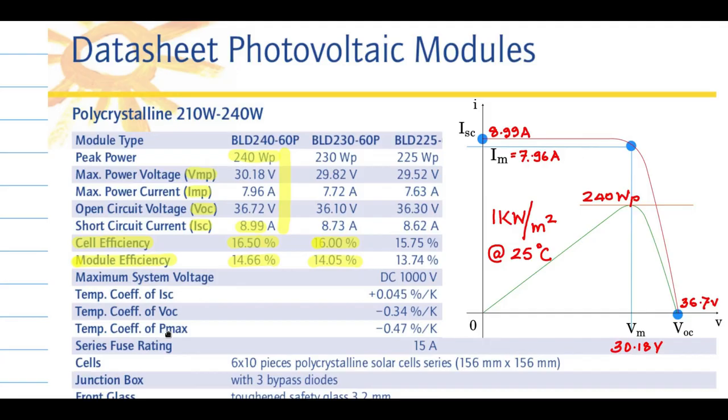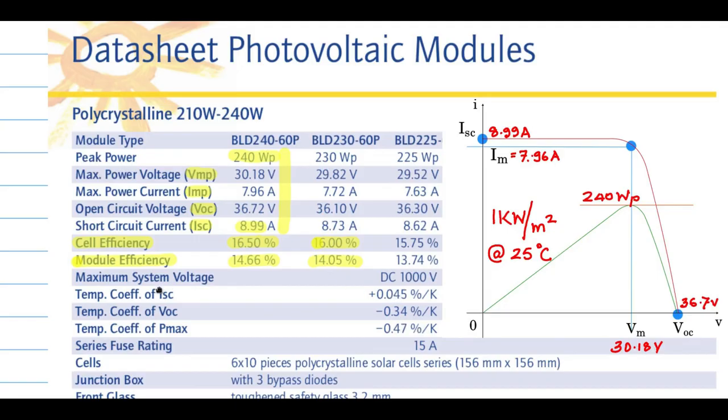Same with Pmax. This is understandable because the temperature coefficient of ISC is positive and the temperature coefficient of VOC is negative. The temperature coefficient of power, which is the product of current and voltage, will also be negative, and that is given as minus 0.47% per degree Kelvin.